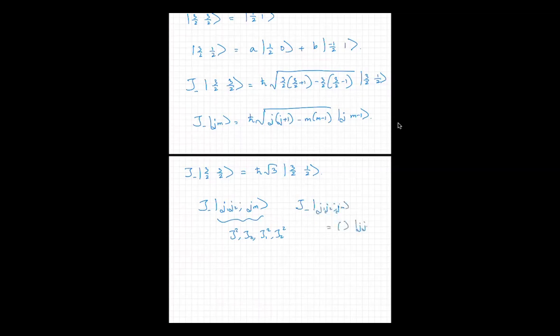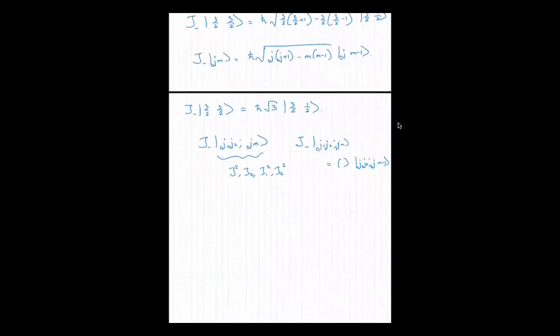See, J minus can act on, so let me write it in the original form. Okay, remember that these states are simultaneous eigenvectors of J square, Jz, J1 square and J2 square, right? So if I apply J minus on these states J1, J2, J, M, I will get something J1, J2, J, M minus 1, right?